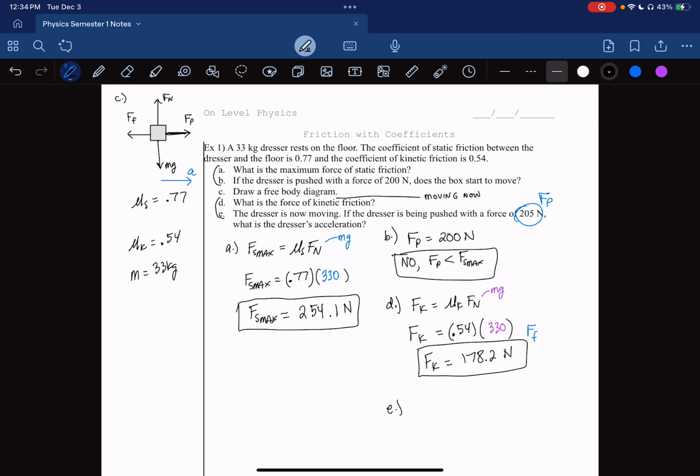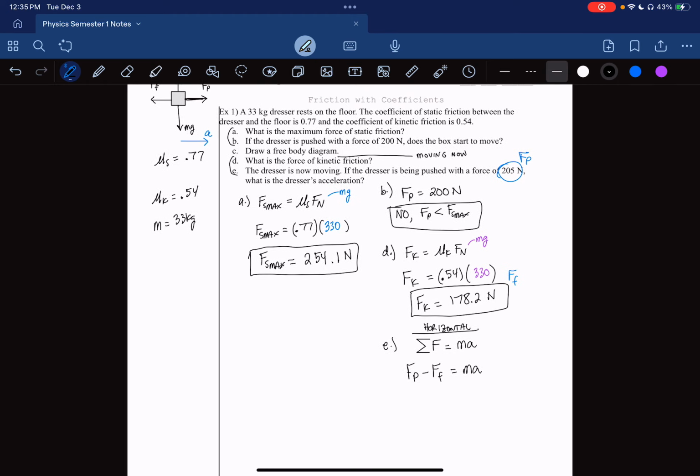The way we solve this is we say the sum of all forces equals ma, and we are looking at the horizontal forces, which is Fp minus Ff equals ma, and we are solving for a, so we'll divide both sides by m.